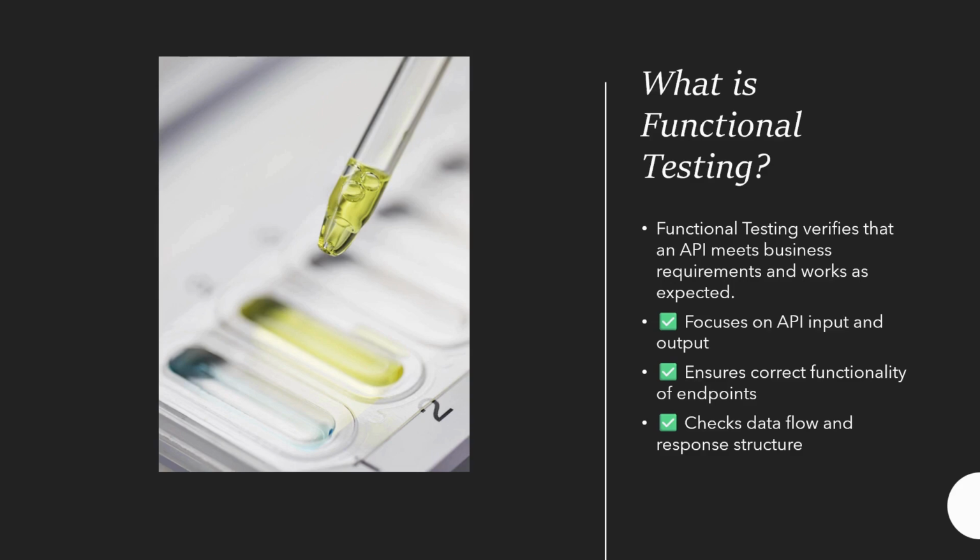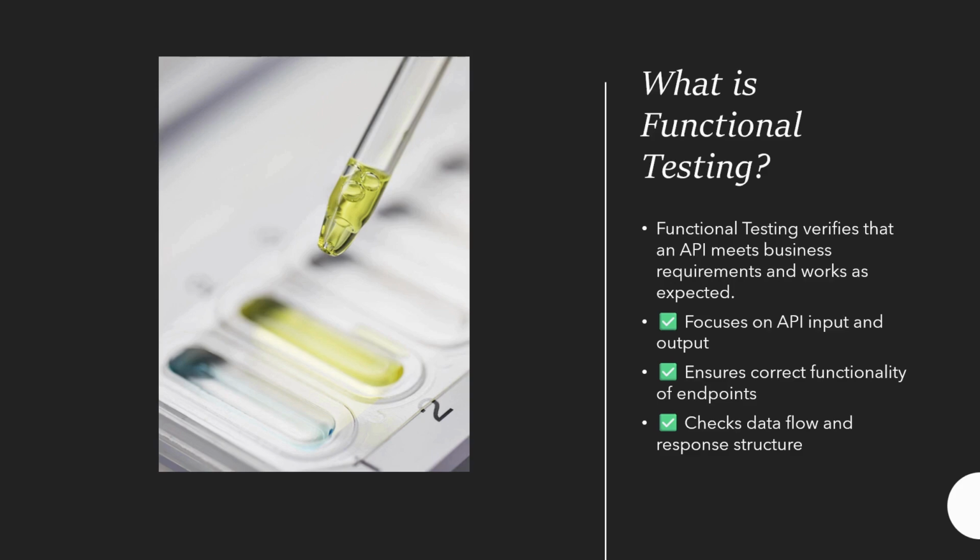You need to ensure that whatever input you are giving, you are getting the expected output. For example, you want to get the product details of product 2, for example, HP laptop, and you are getting back the same results instead of some other laptop details. If it's not there, then you should be getting a valid error in that case.